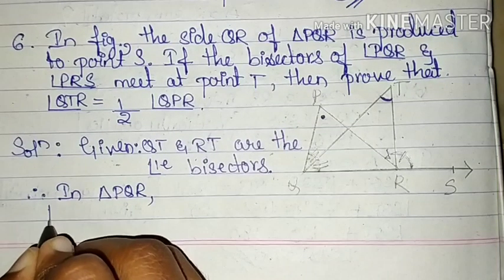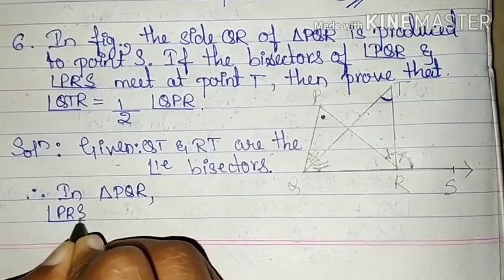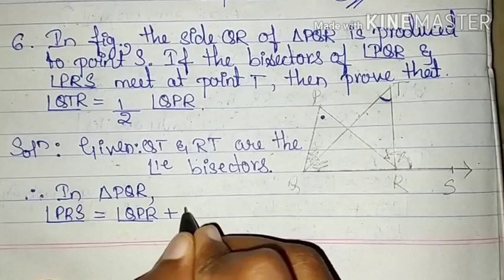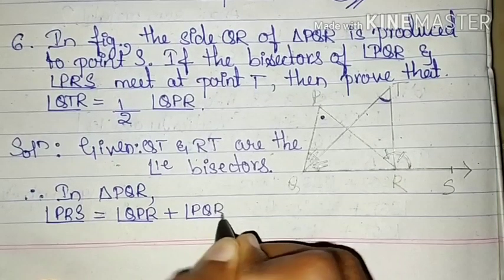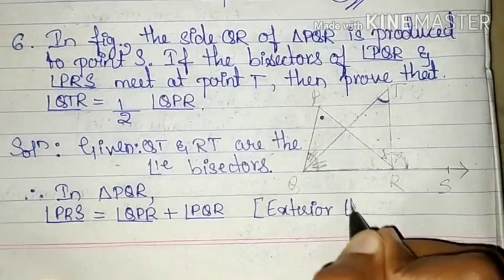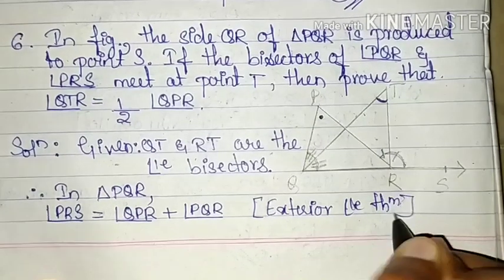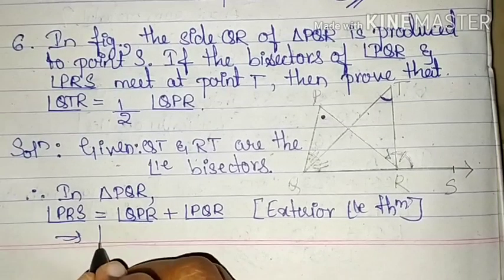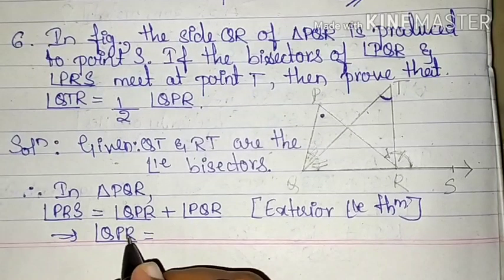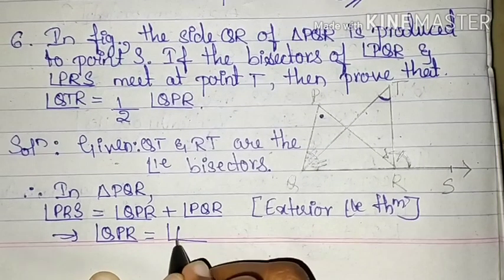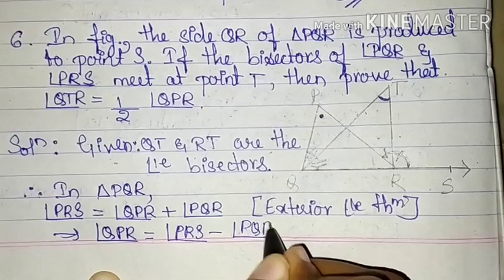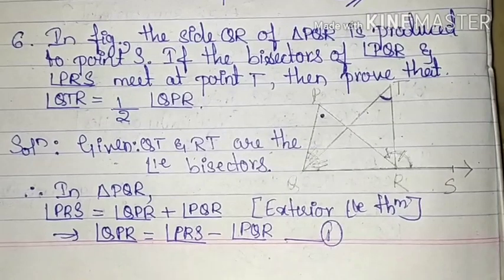So in triangle PQR, angle PRS is equal to angle QPR plus angle PQR because of the exterior angle theorem. So this implies, just by rearranging, angle QPR is equal to angle PRS minus angle PQR. Name this as result 1.